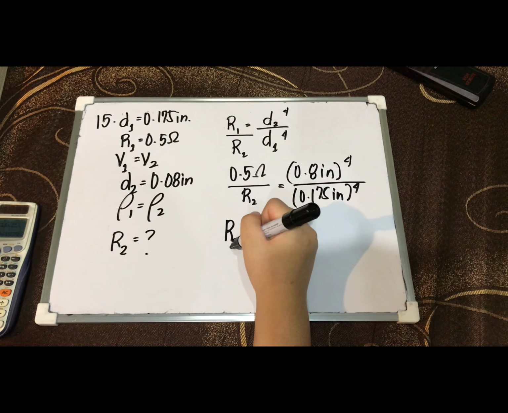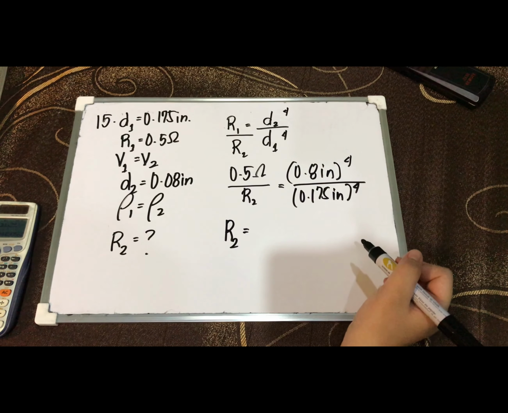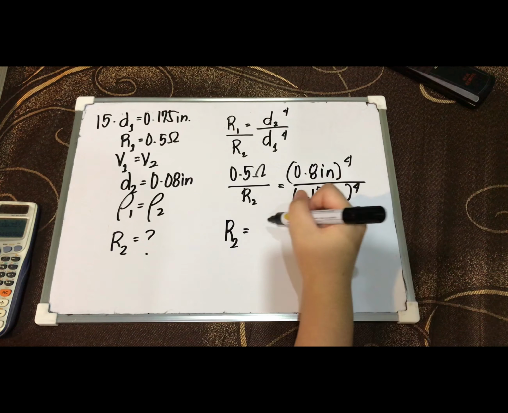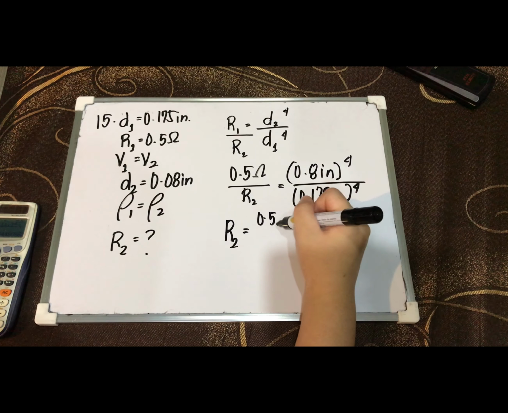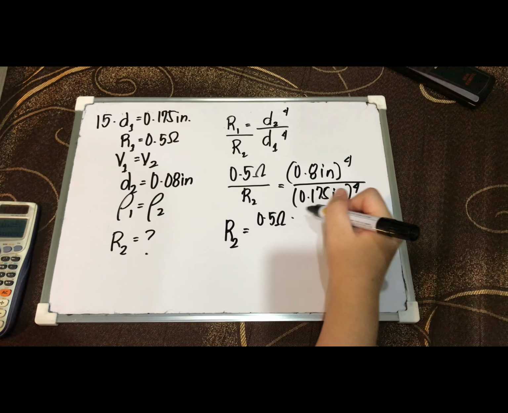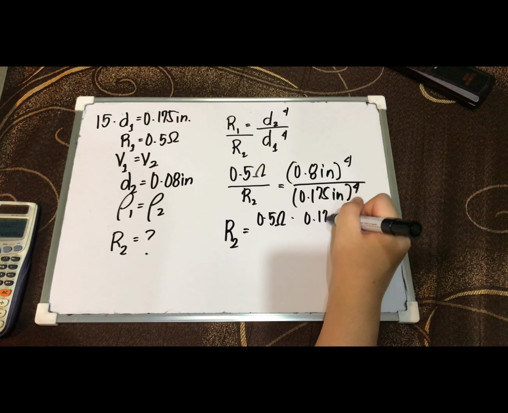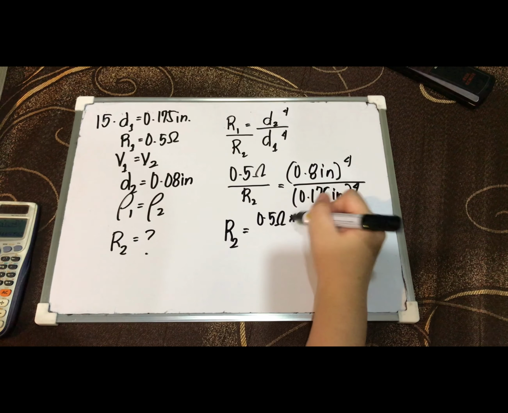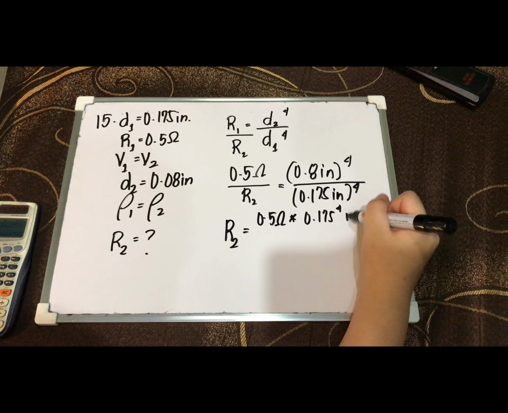Makukuha natin na yung R2 ay 0.5 ohms times 0.175 raised to 4 inch raised to 4 over 0.08 raised to 4 inch raised to 4. Makakancel lang yan. And ang matitira natin na unit ay ohm.